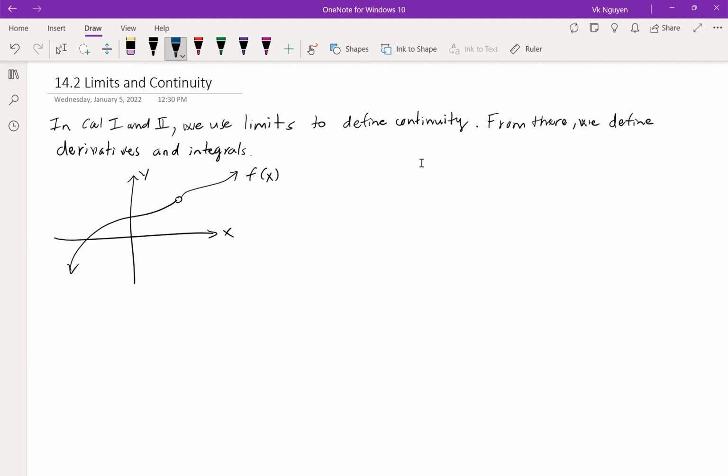To find the limit at x equal a, there are only two ways that you can approach. You can only do the left approach and the right approach. That is it. Only two ways that you can approach here.